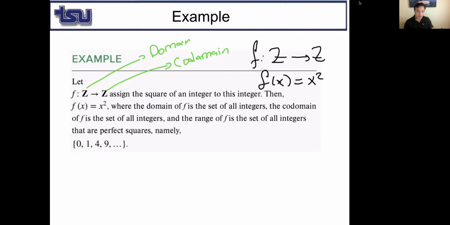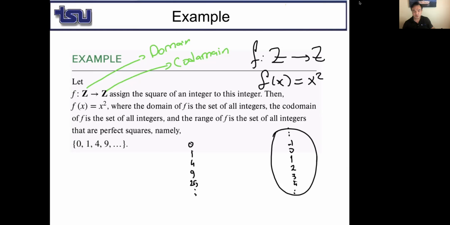So, what is the range? Even though the codomain is all integers, like 1, 2, 3, 4, 0, -1, all the way to negative infinity, that's the codomain, right? But the range consists of what? For example, if x is 0, x squared is 0. If it is 1, 1; if it is 2, 4; 3, 9; 5, 25, and so on.